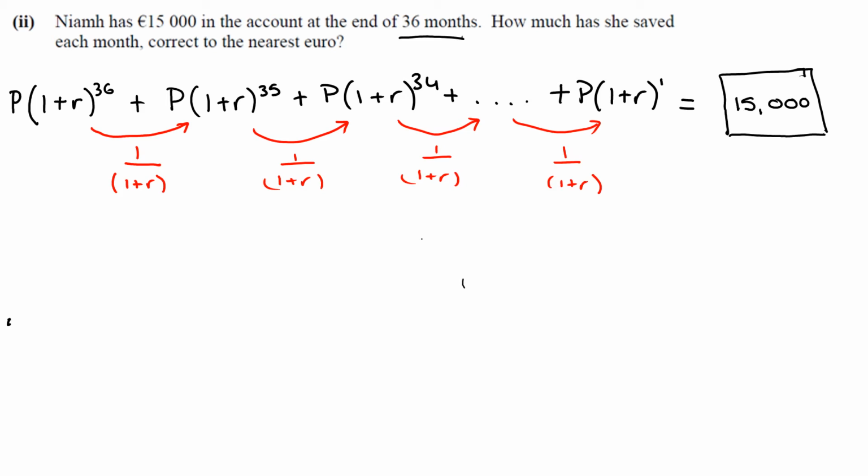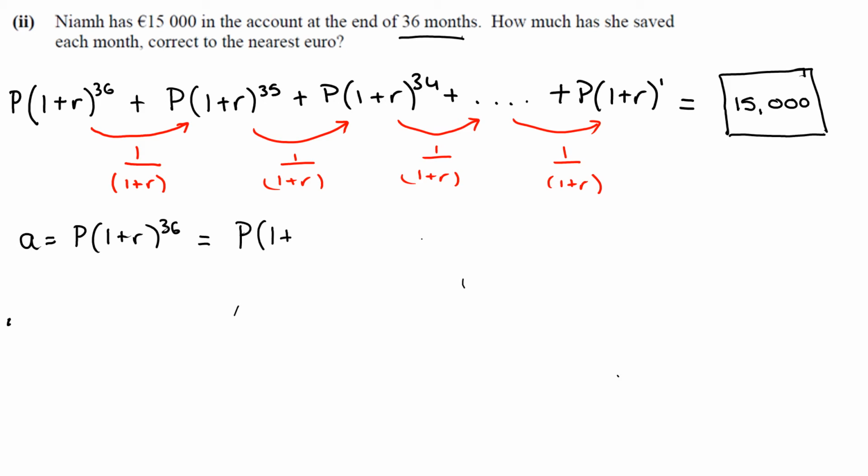So the sum of a geometric sequence needs a few things. The first thing it needs is a, which is the first term, which is P bracket 1 plus r to the power of 36. Now we already know what that is because we worked out r in the previous question, the previous part, part i.